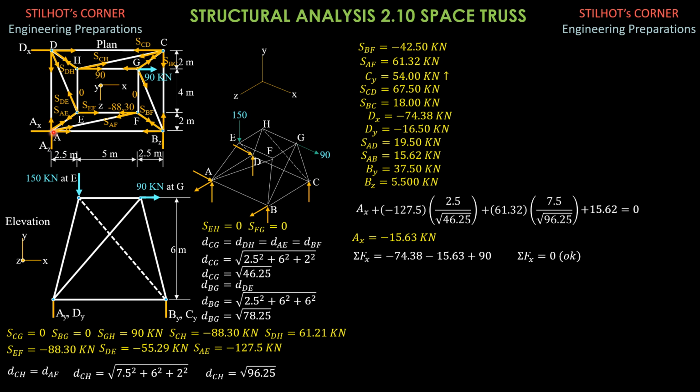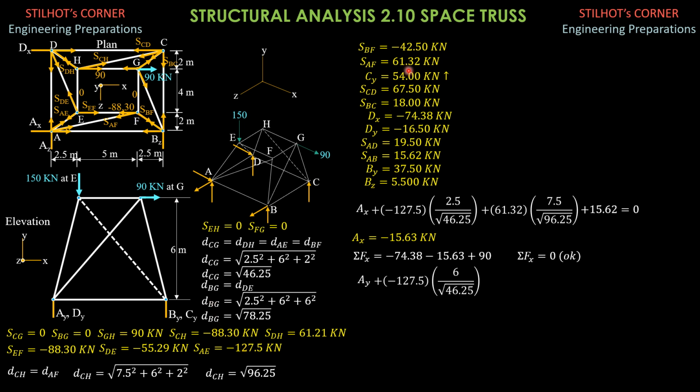Then let's solve for AY. Summation forces Y. AY is assumed upward. AE and AF are also upward, but you have to take the sign. So AY plus SAE, which is negative, so plus negative 127.5 times 6 over square root of 46.25, plus SAF.